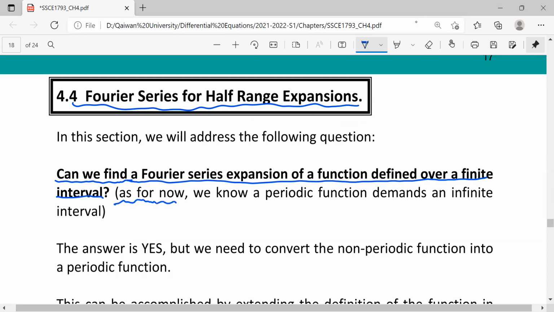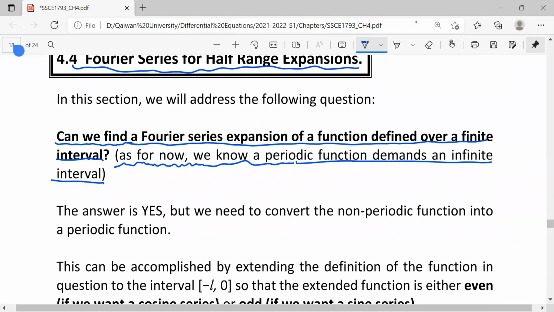Here we say, as for now, we know a periodic function demands an infinite interval. For the periodic functions, we need to have infinite intervals. So the answer of this question is yes. But we need to convert the non-periodic function into periodic functions.